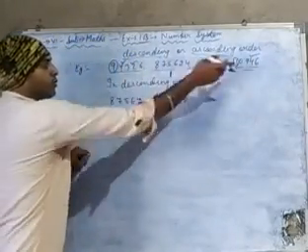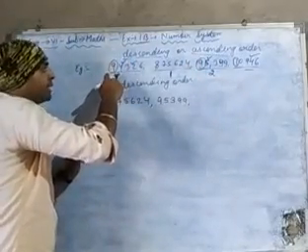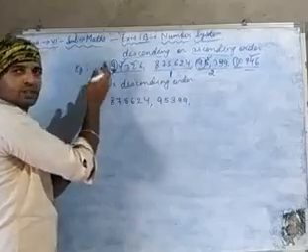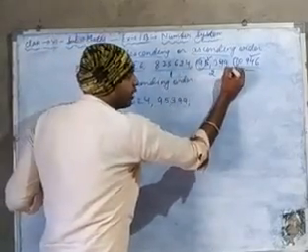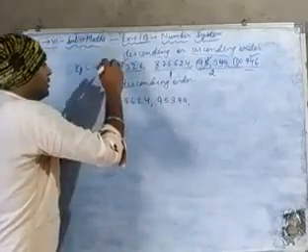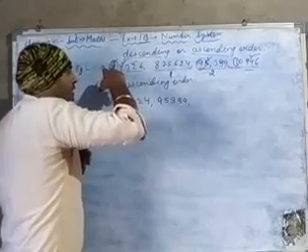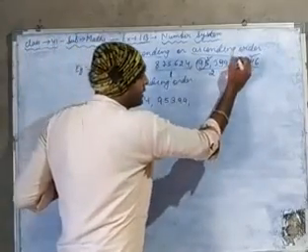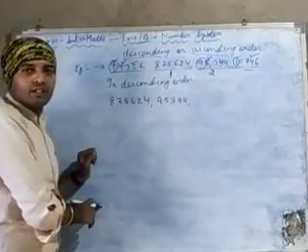Now both have the same number of digits. So we will compare the numbers by digits from the left side. We will compare the first digit. In this number the first digit is 9, and in this number the first digit is 1. So which one is largest?